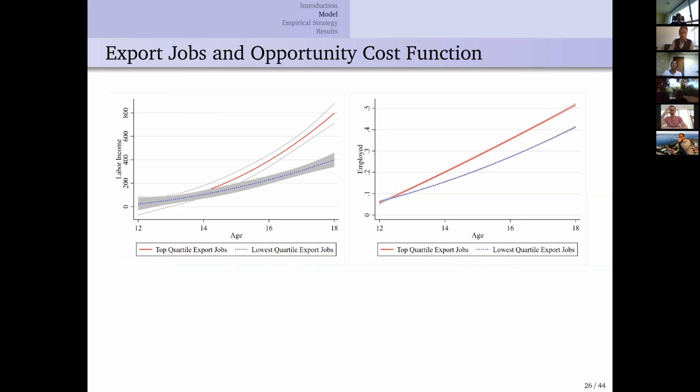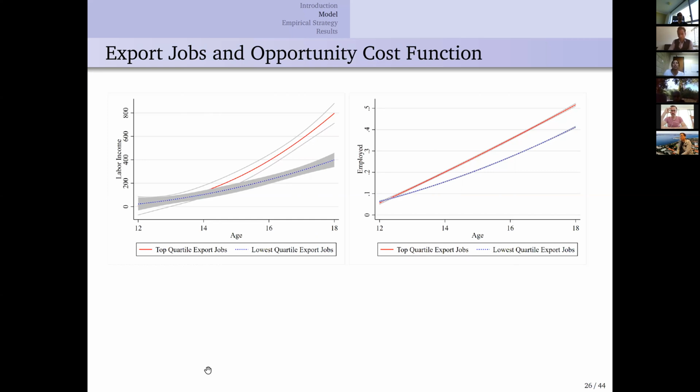It's a lot harder. So it's already hard to think about these second derivatives, and it's even harder to think about these second derivatives related to the opportunity cost functions. But I'm capturing here what I think sort of gets at these. Again, here I'm showing separately for lots of export jobs and low export jobs.